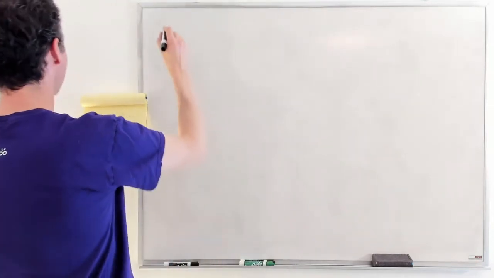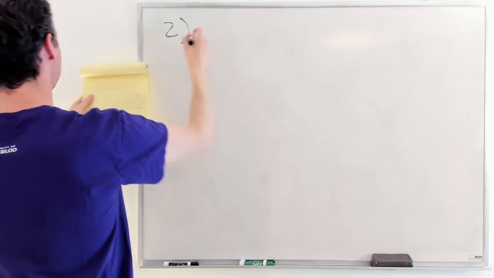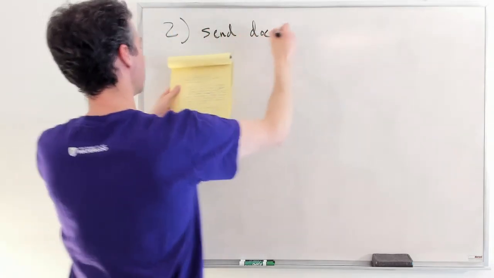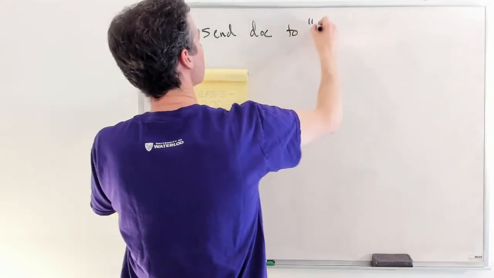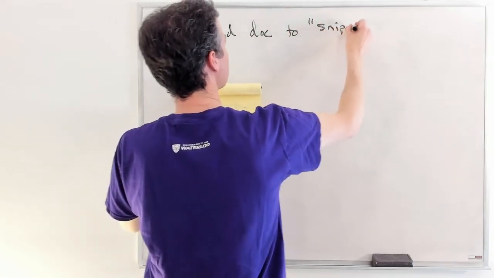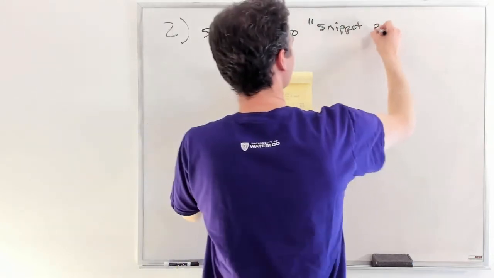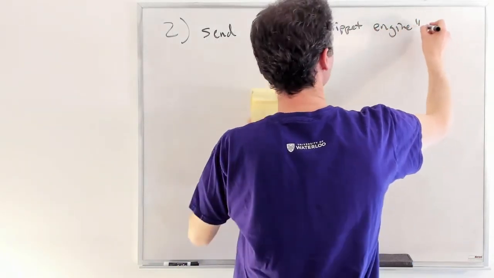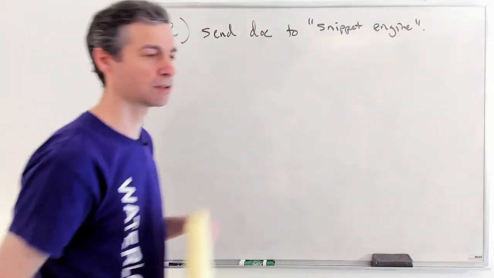All right, next step to processing the file, step 2, is you send this full document, as I said, to your snippet engine, which truly is actually just a function that right now for you to do the processing that you need to do on it. What is it to send it to the snippet engine?